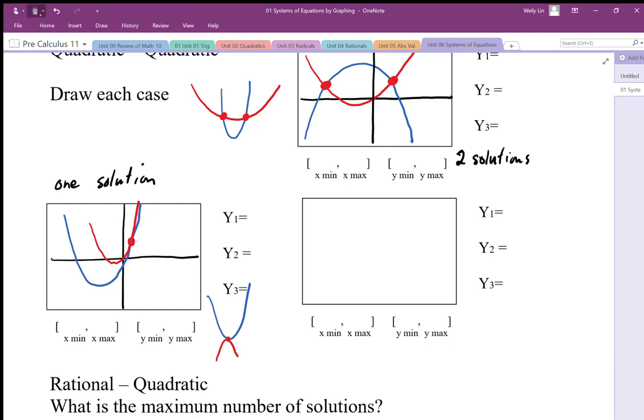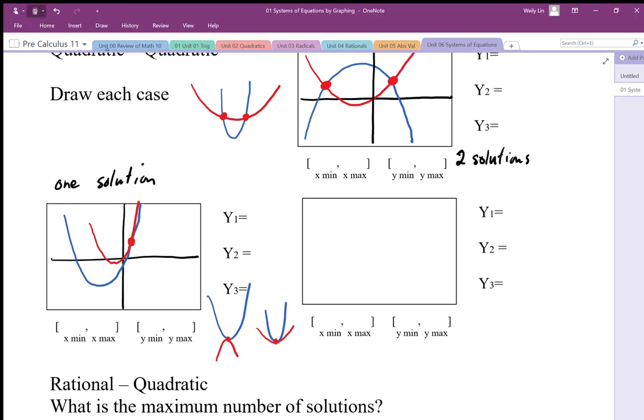Or I could have the same vertices touch facing the same direction, one narrow and one wide, where the vertices just touch. So there is more than one example when we have one solution, and one solution is algebraically possible.